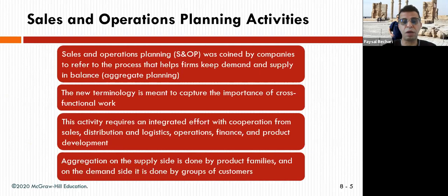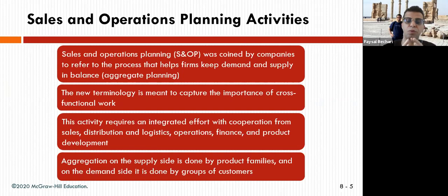Now, when we're talking about sales and operation planning activities, S&OP was coined by companies to refer to the process that helps keep demand and supply in balance, or equilibrium. The more it's at equilibrium, the more you're maximizing your profit and minimizing your cost. The new technology is meant to capture the importance of the cross-functional.